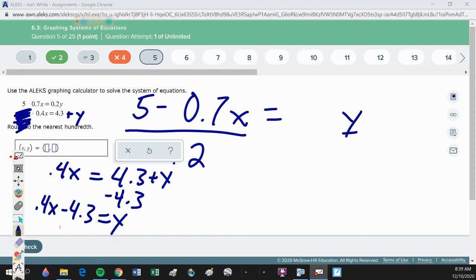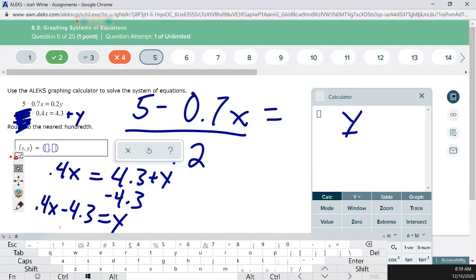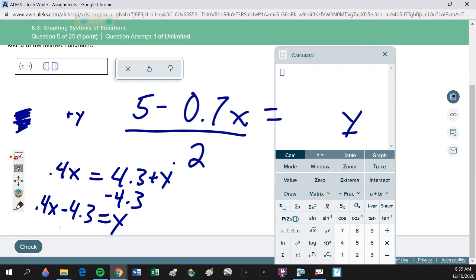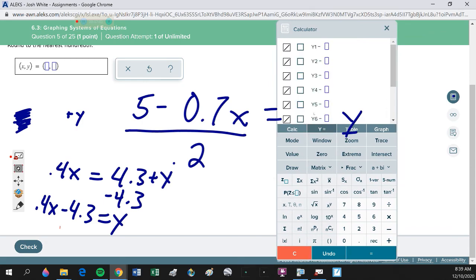So I go in. Yes, and then we just do the same thing. But once again, I can't grab the calculator, so we do this from the computer. All right. So y equals.